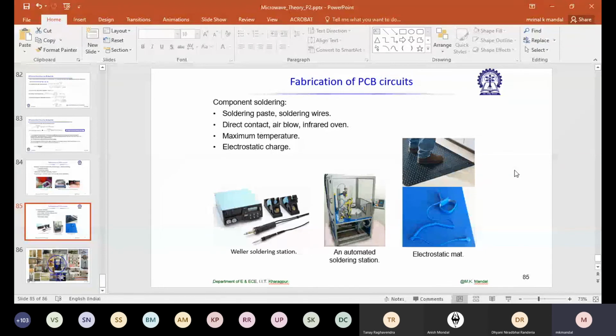This ESD protection, I think you already learned in other classes. For any SMT component, its power handling capability is small, and sometimes we also use active components. If you touch it with your hand, if we rub our hands, we generate electrostatic charges, positive and negative, and the potential difference sometimes can go up to more than 1000 volt.